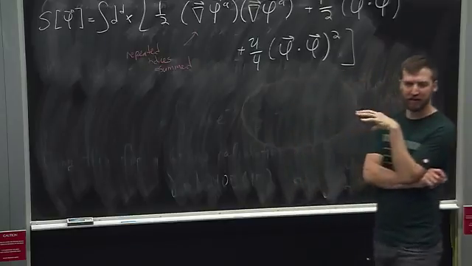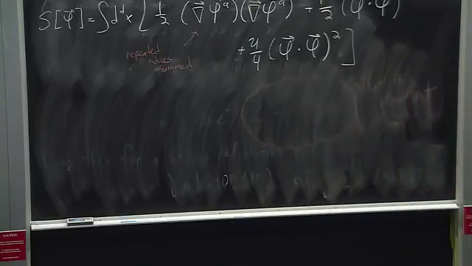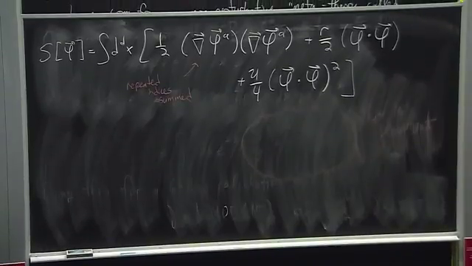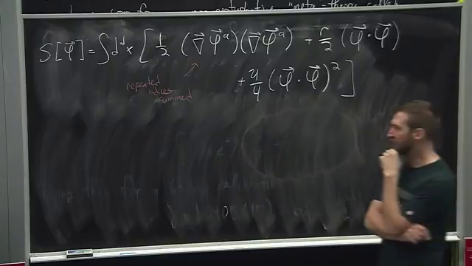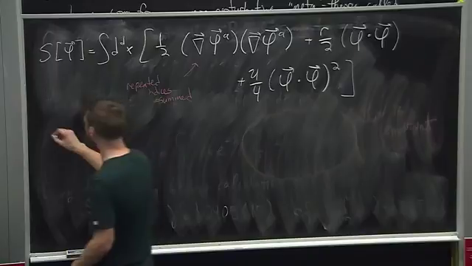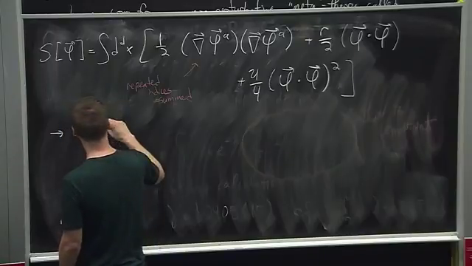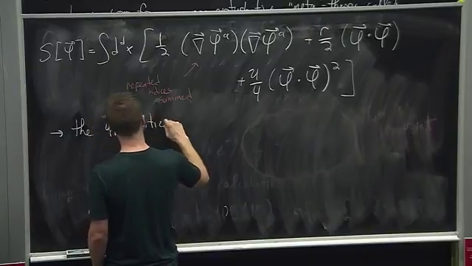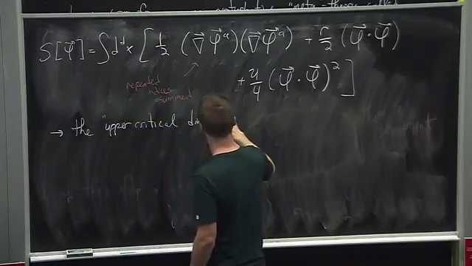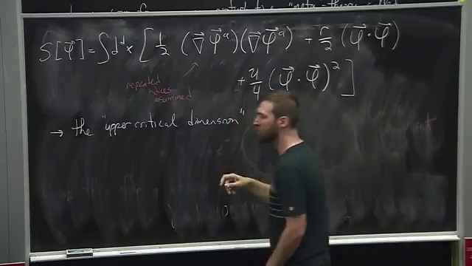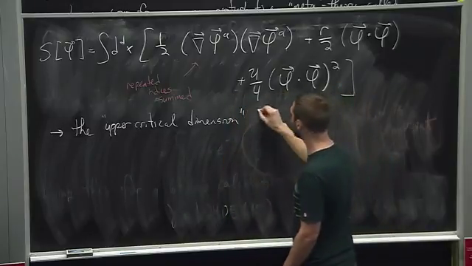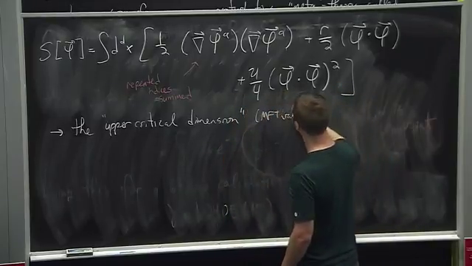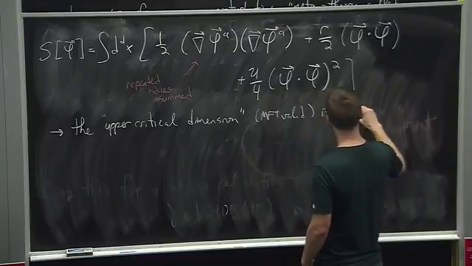So just some features of it. Like the Ising model, when you have these vector spins, you have an upper critical dimension where mean field theory gives you the right exponents. And just like the Ising theory, in this case the upper critical dimension, where mean field theory is valid, is D equals 4.